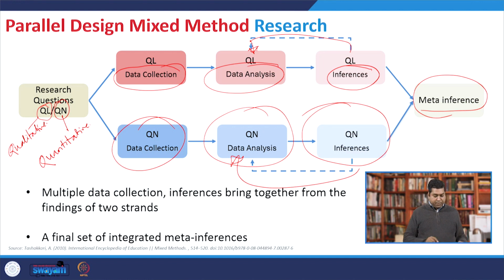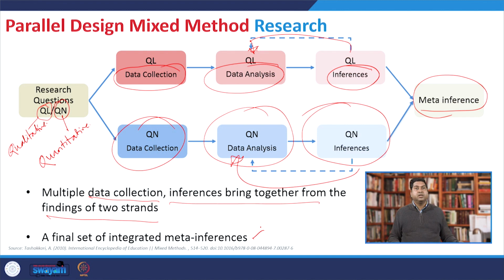In this case, with multiple data collection, both qualitative and quantitative, we have different inferences. We bring together the findings of two strands, so it has a twofold approach, and then finally a set of integrated meta inferences is made.